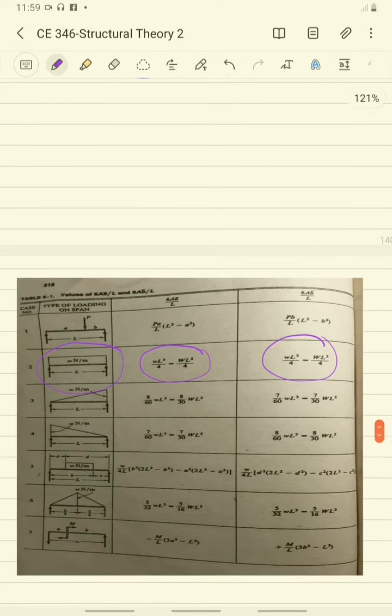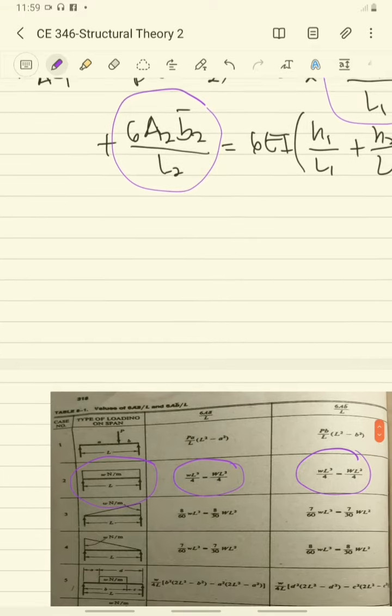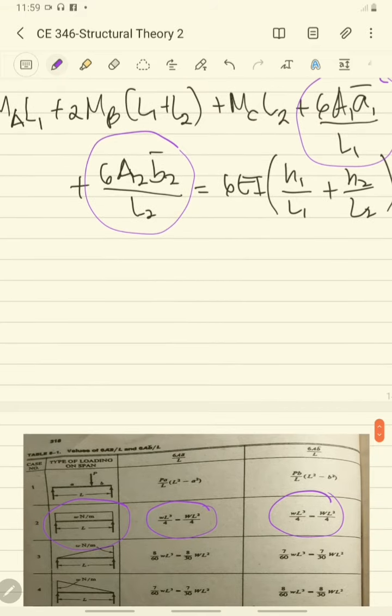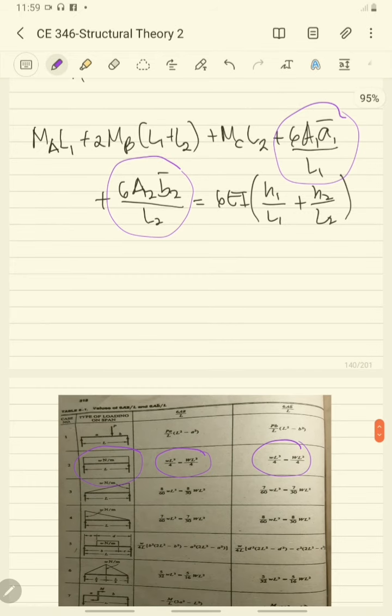So we have to compute our value. So we have 6A1 bar A1 over L1 for the span 1.